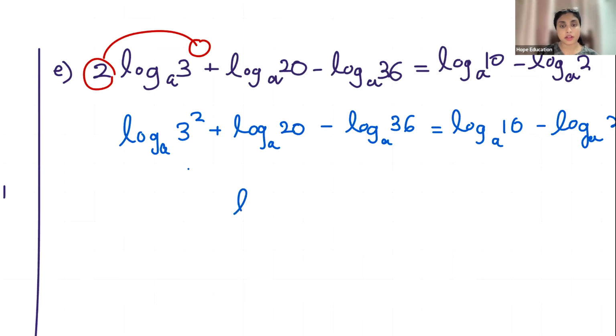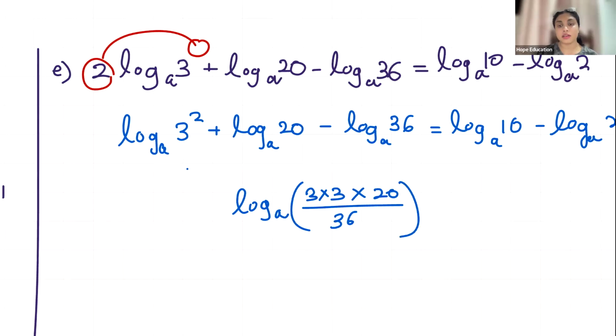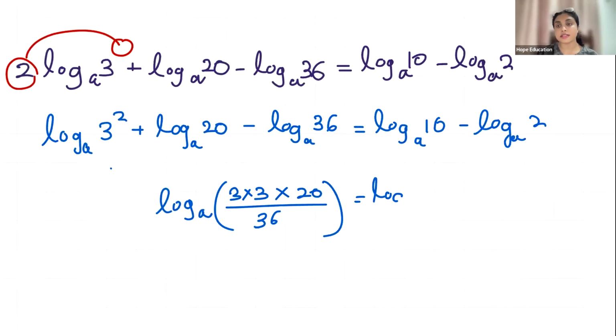Log A, so I will write log A like this, 3 to the power 2. Here I have 20 plus log 20 base A. So plus means multiplication with it. Subtraction becomes division. On this side, log A, here anyways it's a subtraction, so that becomes division.